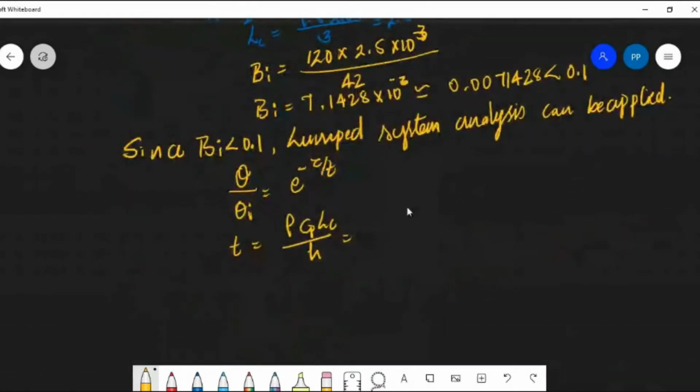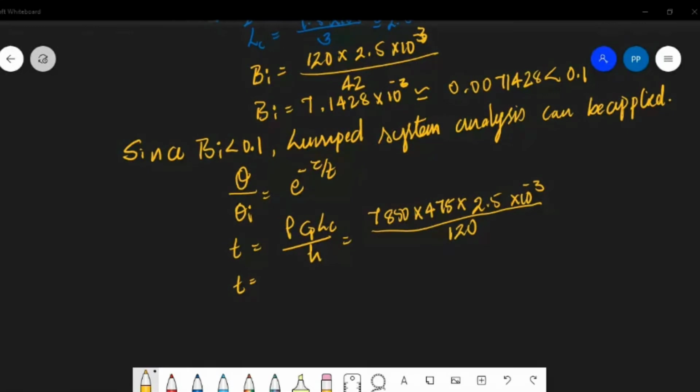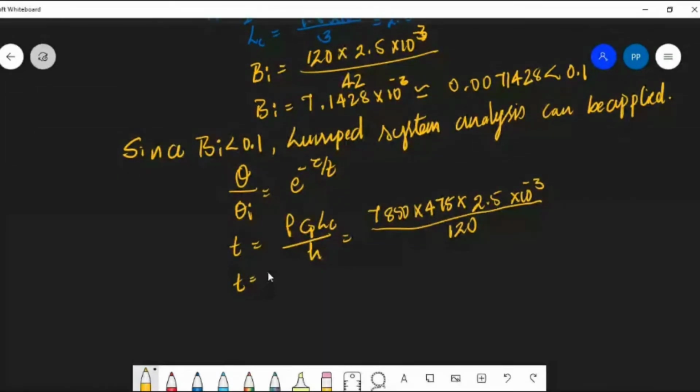So it is 7850 multiplied by 475 into characteristic length 2.5 into 10 to the power of minus 3, divided by h which is 120. Calculate the value of T: 77.68. The unit will be seconds. That's why we call it the time constant.